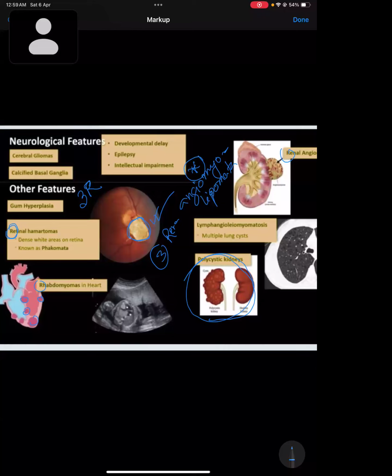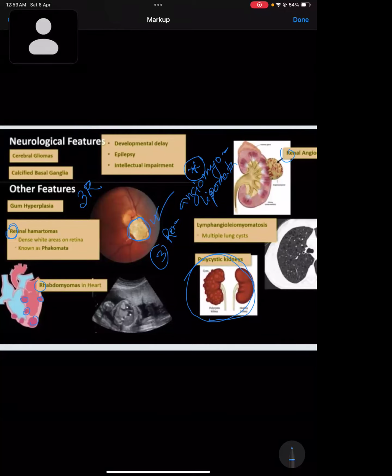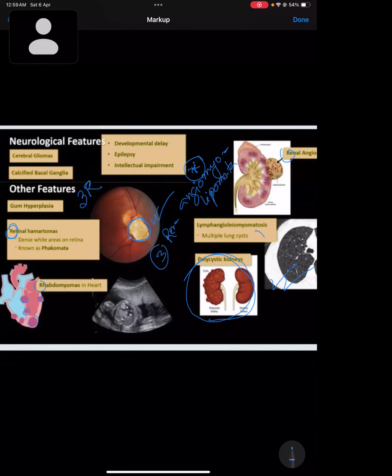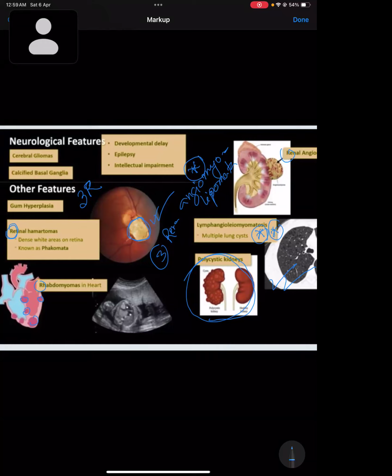Another question came, I think, in 2022 or 23, part 1. They asked about this lung tumor of tuberous sclerosis. This is also important. So they have a question. What type of cystic lesion can you get in tuberous sclerosis?